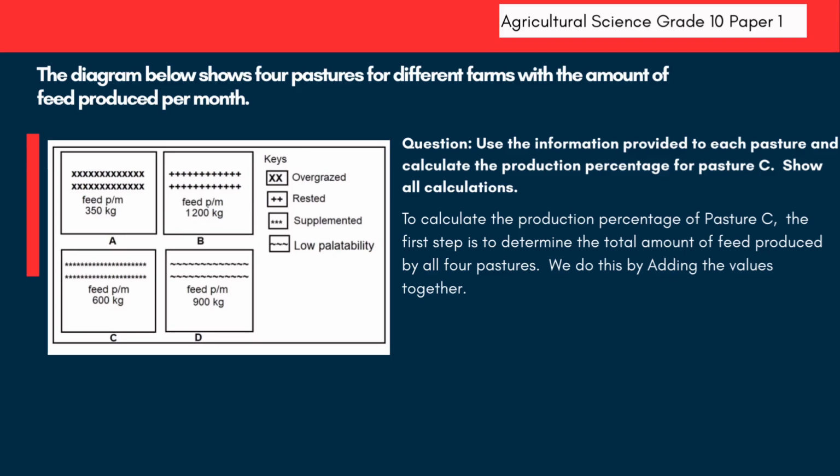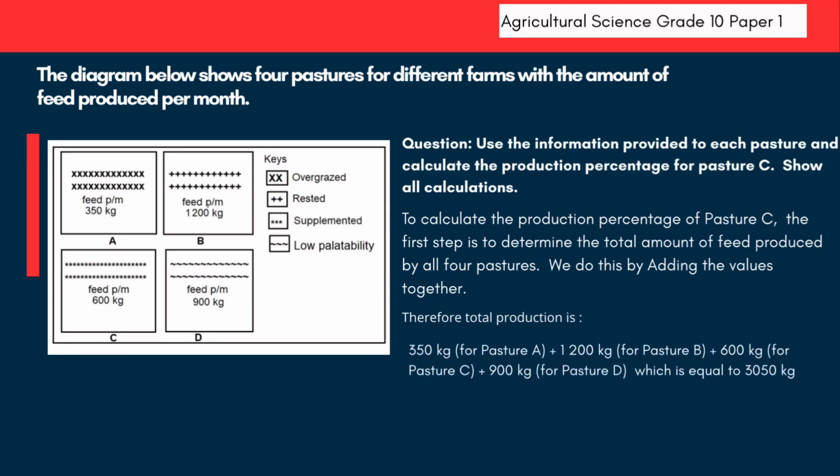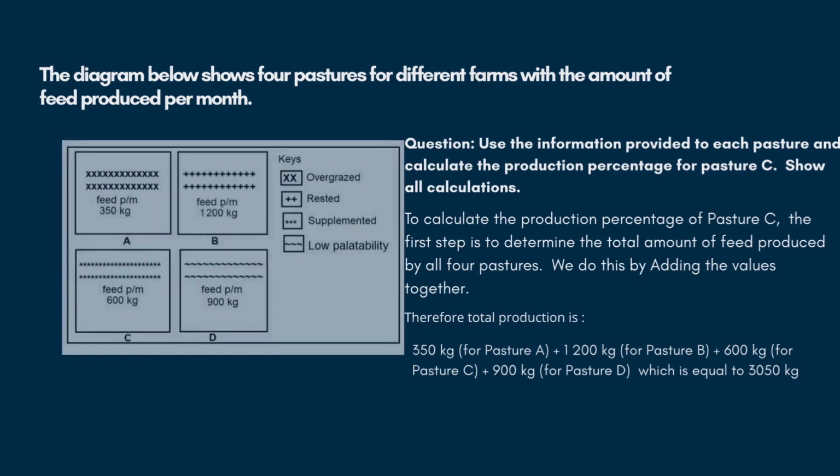We do this by adding the values together. Therefore, total production is 350 kilograms for pasture A, plus 200 kilograms for pasture B, plus 600 kilograms for pasture C, plus 900 kilograms for pasture D, which is equal to 3,050 kilograms.